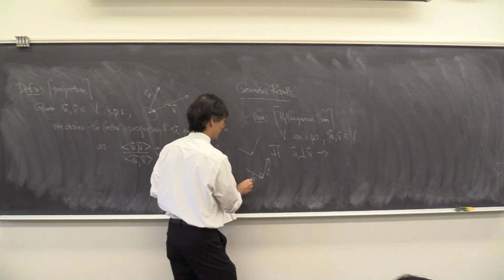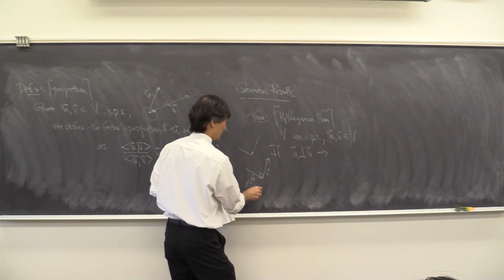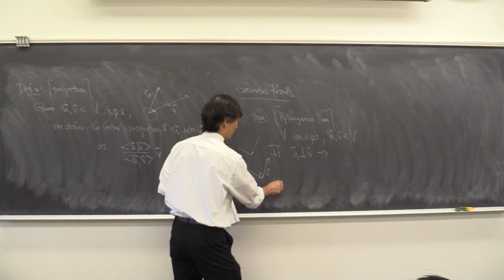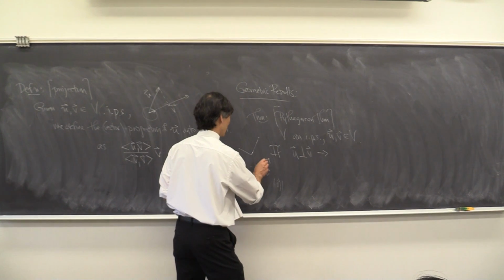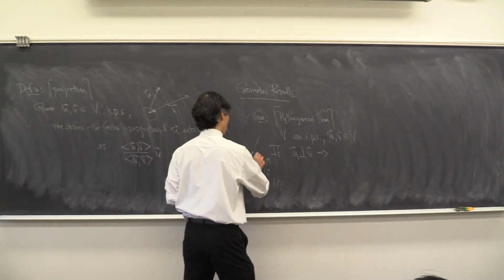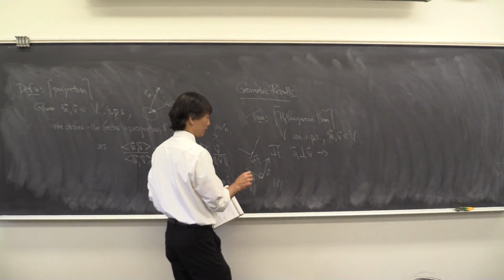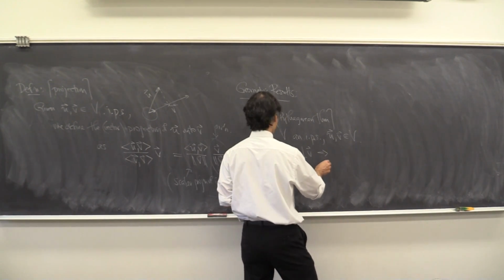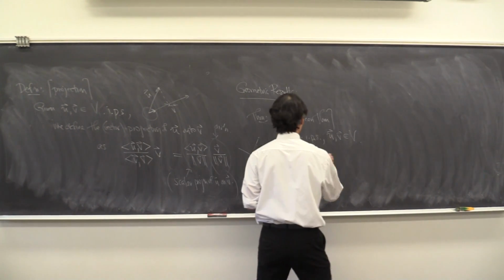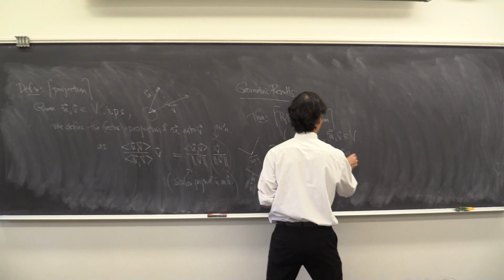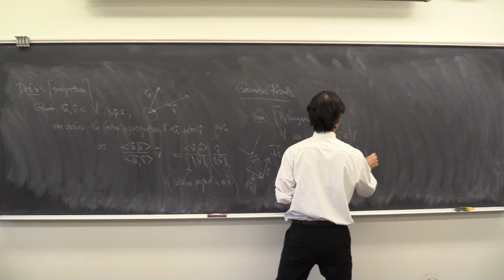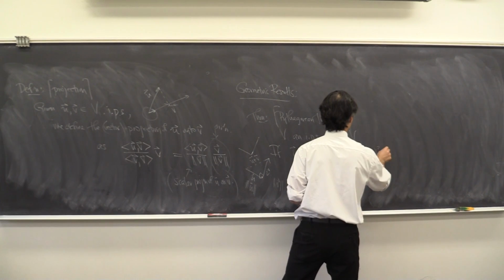The length of this one, the length of this one, and the length of this one, which is u plus v, the vector. So it's going to be c squared equals a squared plus b squared.